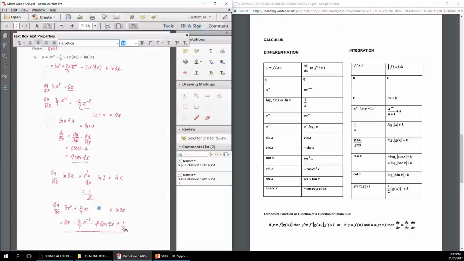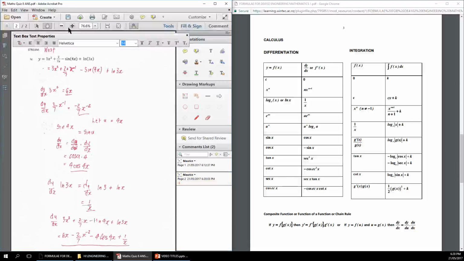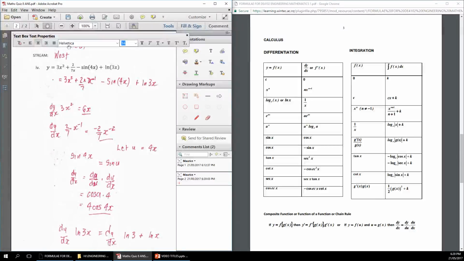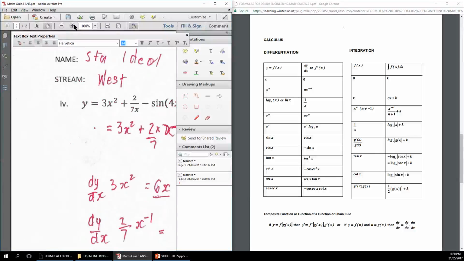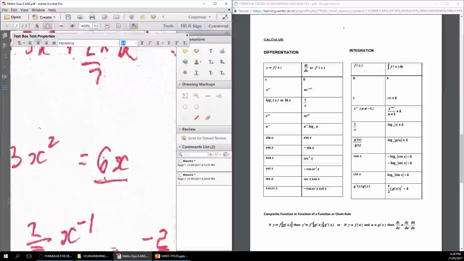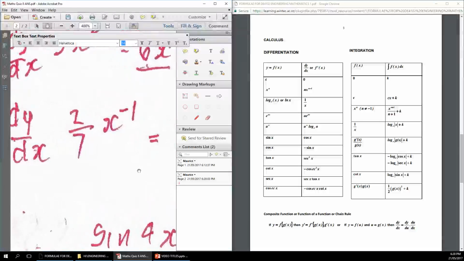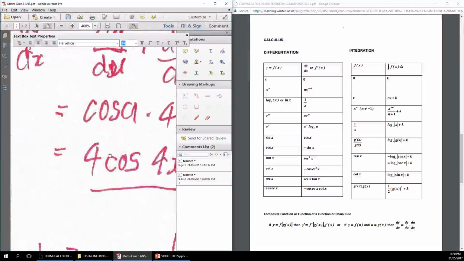Okay. Let's click out here, and then we'll move it so it doesn't cover up everything. We might have to just make this a bit bigger so we can work on it. Where is it? 2/7 x to the -1. It's down the bottom here, isn't it?